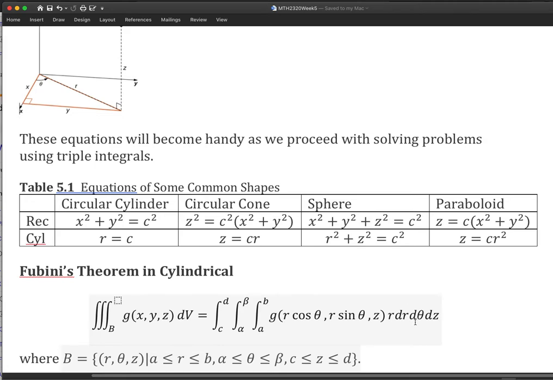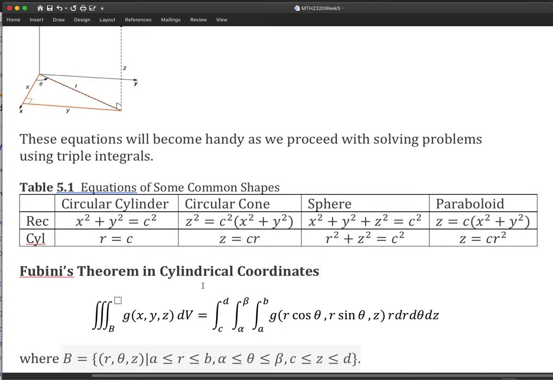So indeed, for cylindrical coordinates, you do have the actual r, dr, d theta, directly from polar coordinates, then times dz. This is the so-called formula for triple integrals in cylindrical coordinates.